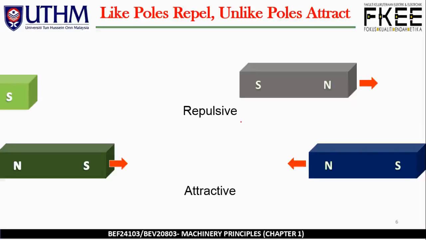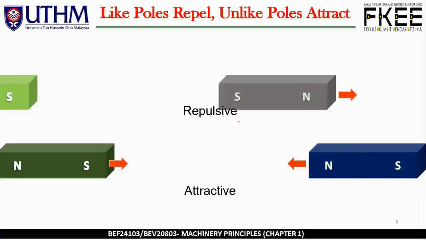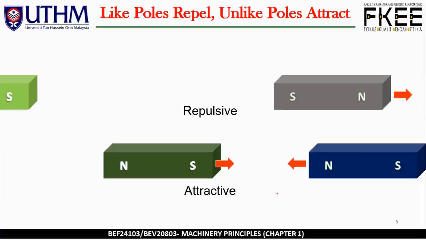Of course, repulsive action. And then what happens if you have a different pole, south and north? Attractive action. This is quite common: like poles repel, and unlike poles attract.